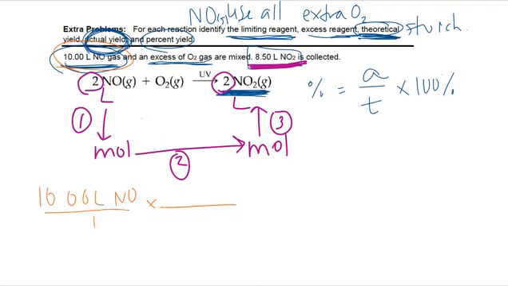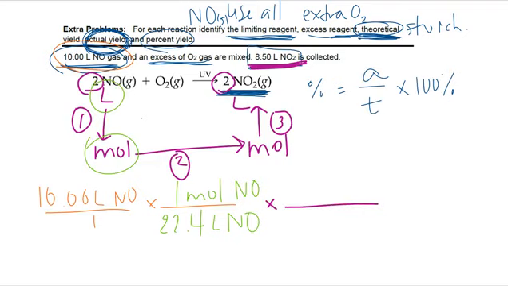Then, let's change colors here. We know that liters of NO has to be on the bottom. They have to match. And we need to go from liters to moles. So 1 mole of NO is always 22.4 liters. Then that cancels that out.